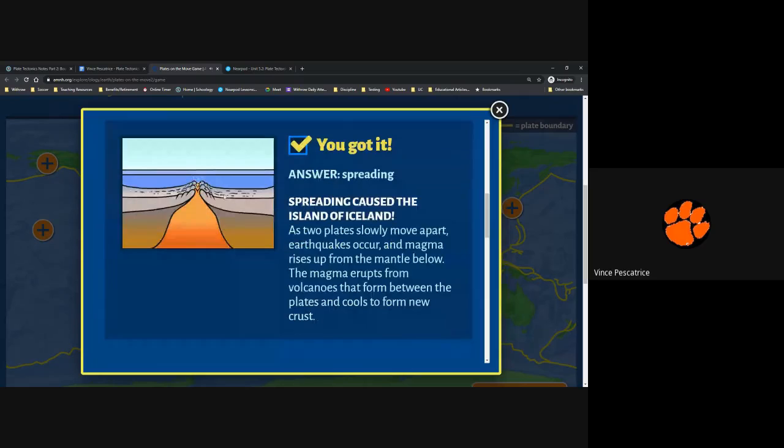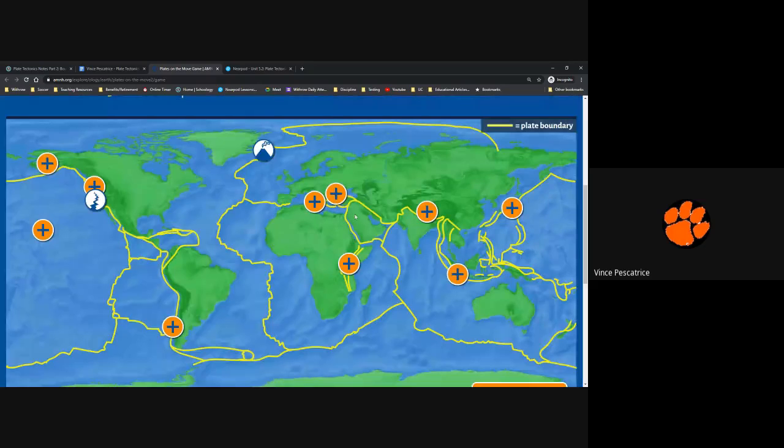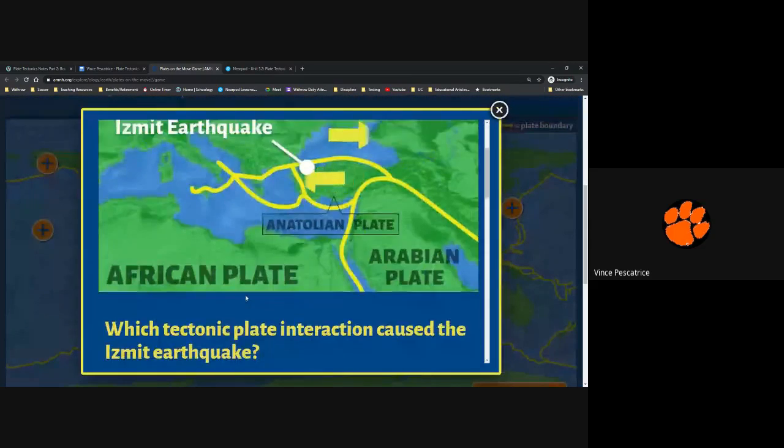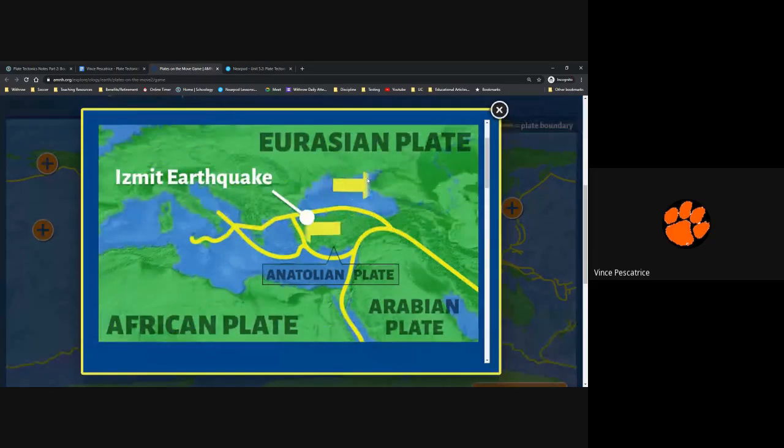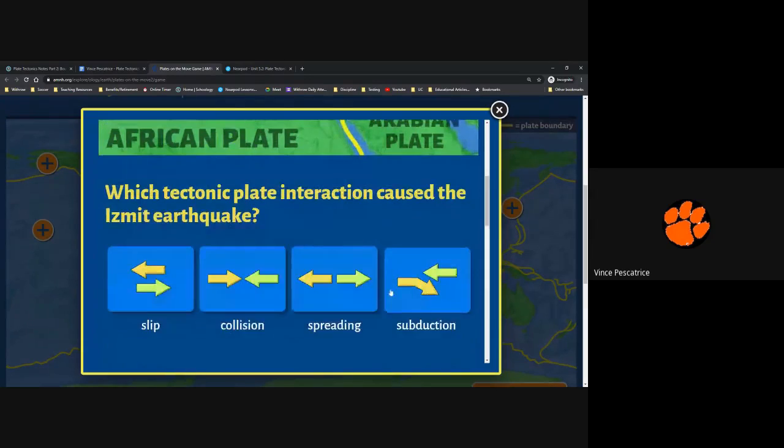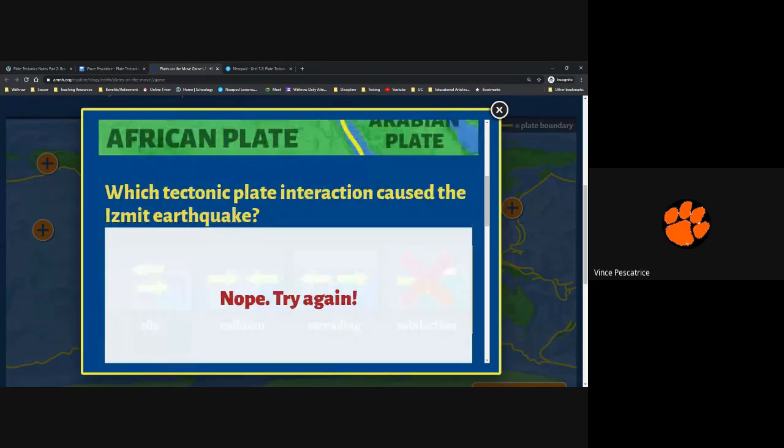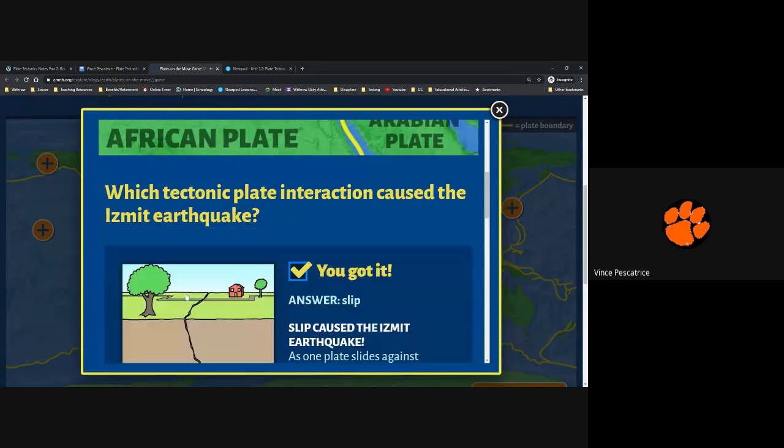And it'll show you this below. If you get one wrong, it's important to look at where the arrows are going. You can see these are slipping past each other, but say I got it wrong, it'll just tell you try again until you get it right.